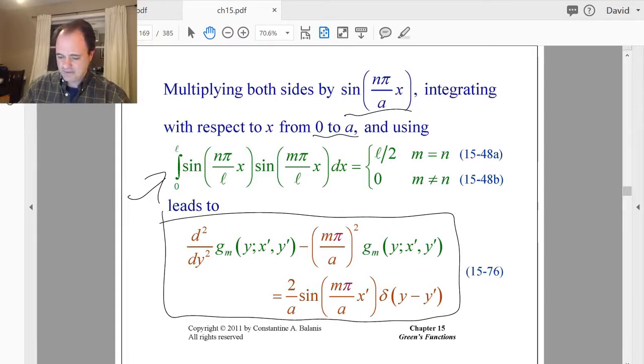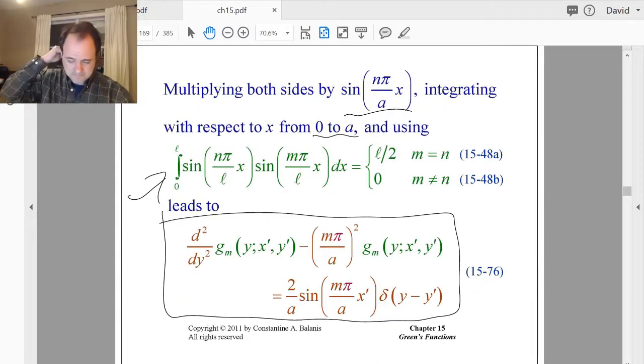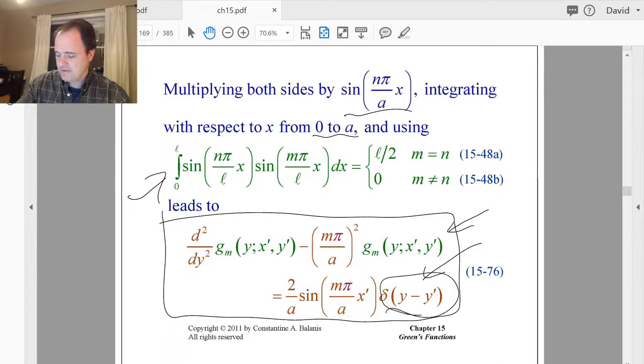All right. So this is the equation that we have to deal with. This is really sort of like another Green's function problem with this Dirac delta function on the right-hand side.